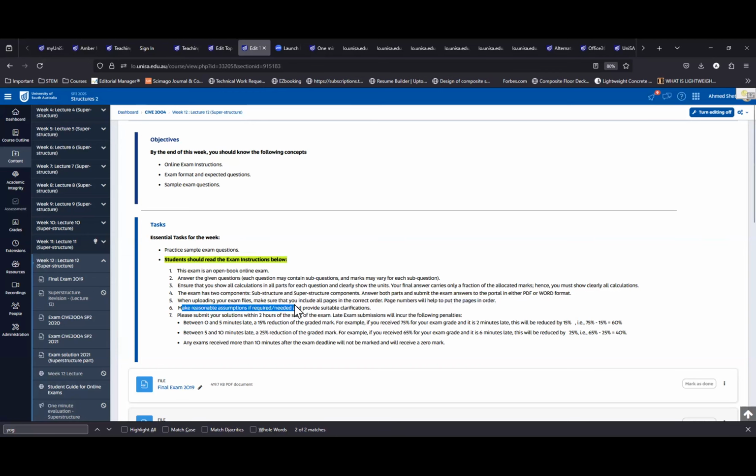Also, if you need to assume any ungiven or missing data, you can reasonably assume the data to proceed with the calculation. Okay.